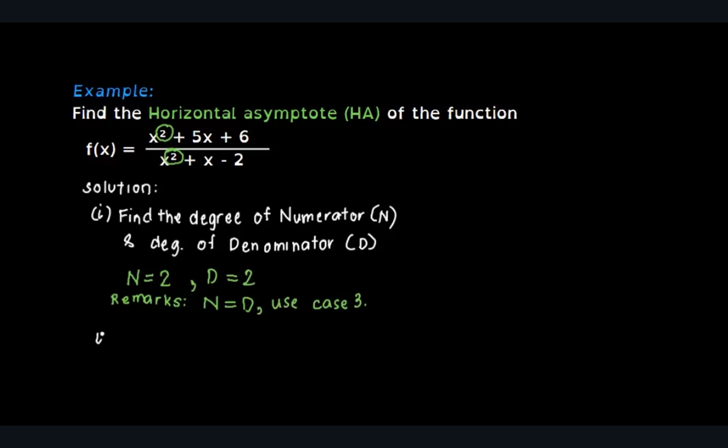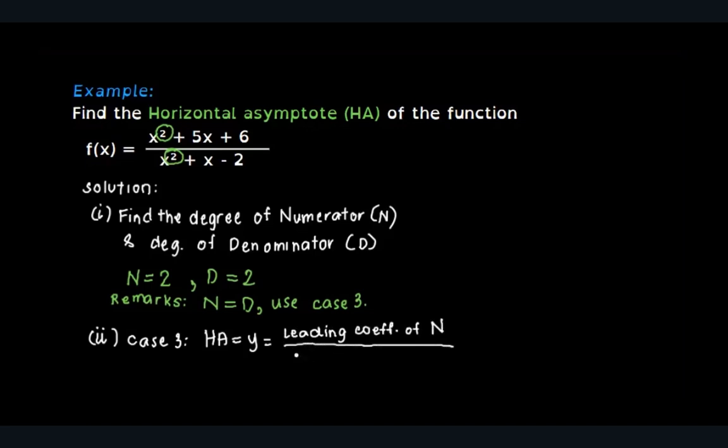So, therefore, the second step, in this case, for our case 3, we have HA equals Y equals the leading coefficient of the numerator, all over the leading coefficient of the denominator.